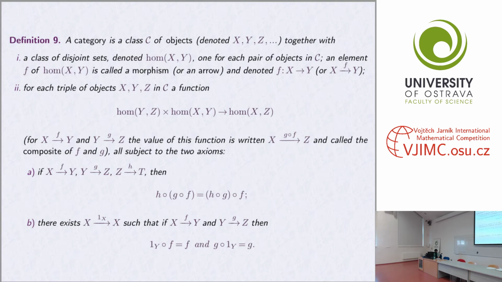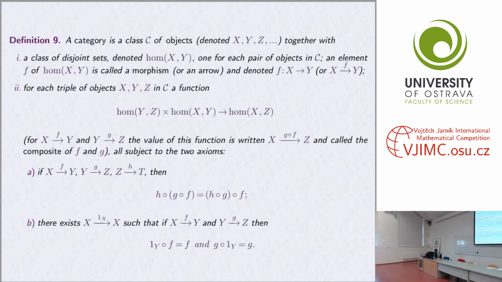First of all, we want to make sure that this composition of morphisms is associative, so that h composed with g, composed with f is the same thing as h composed with g composed with f, and such that the morphism assigned to every object, which we think of as the identity morphism, behaves the way identity behaves.